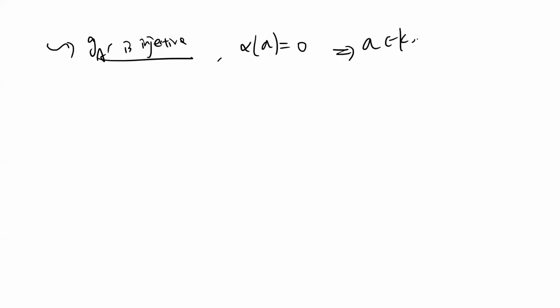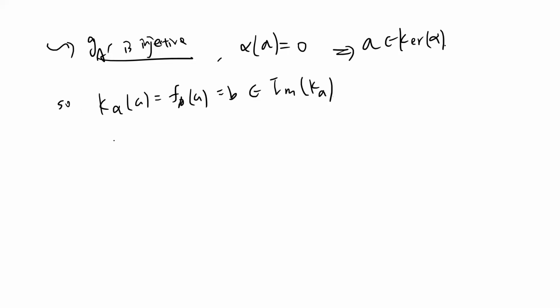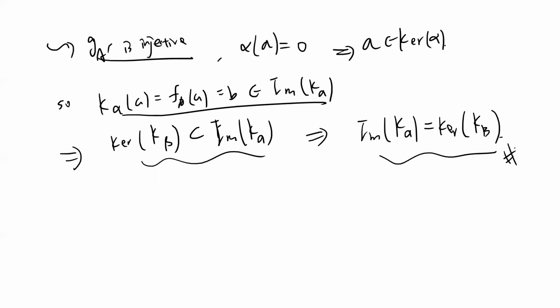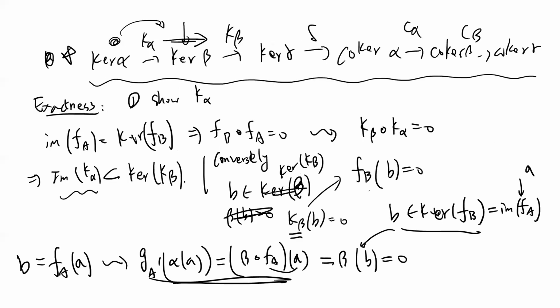So A belongs to kernel alpha, so K alpha A, which is F A of A equals B, belongs to the image of K alpha. So the image of K alpha and the kernel of K beta are the same. Whew. Now we have proved that this part is exact.